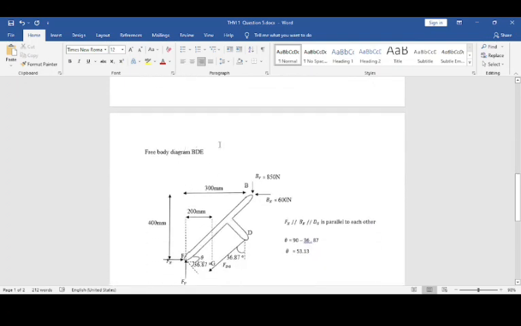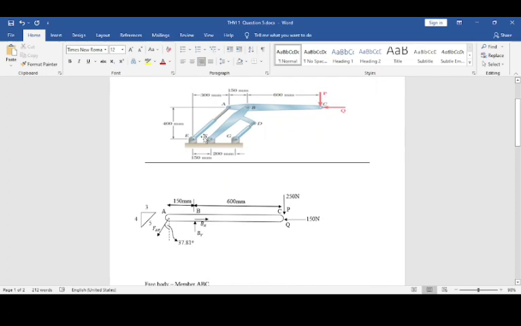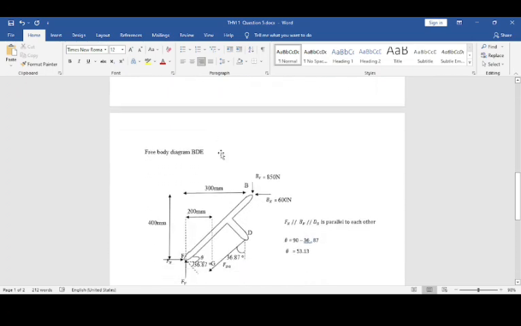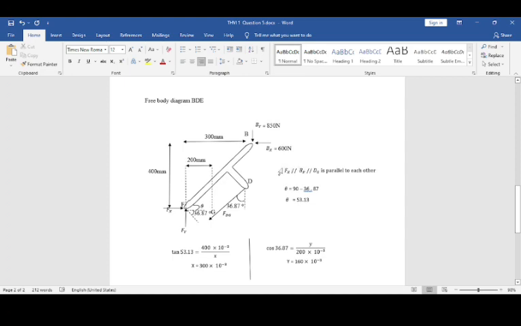So right now we're going to see the free body diagram for B, D and E. So this is the drawing. As you can see, BF and DG are parallel to each other. So the theta is 90 degrees minus 36.87 over here.